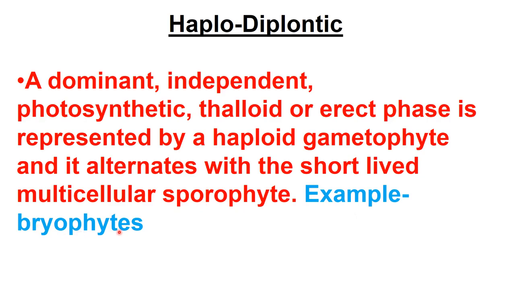While doing the life cycle of bryophytes, I told you that in bryophytes, the gametophytic phase is the dominant phase. So the same thing is given here, right? So this is a type of haplodiplontic life cycle. Both the gametophyte and the sporophyte are multicellular structures here, but the gametophytic phase is dominant.